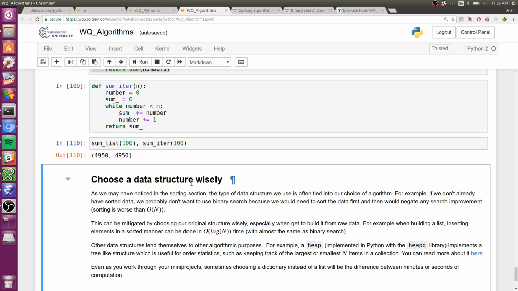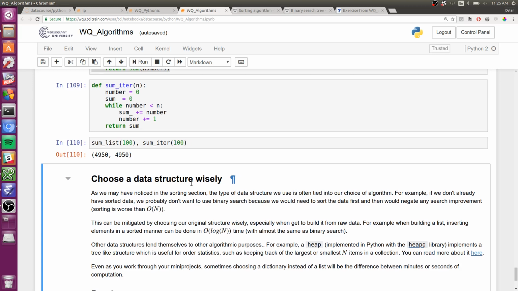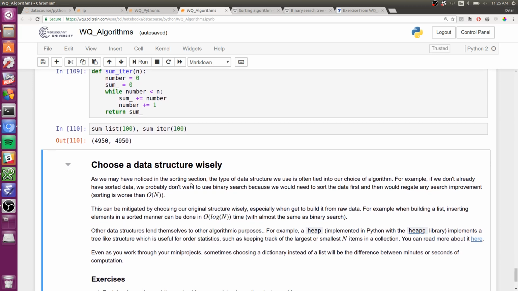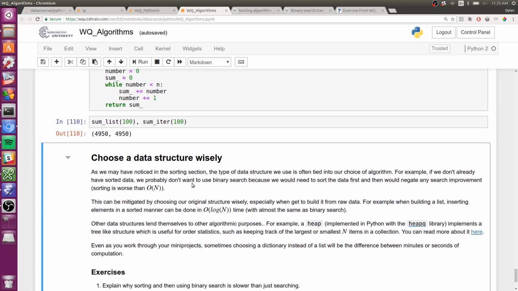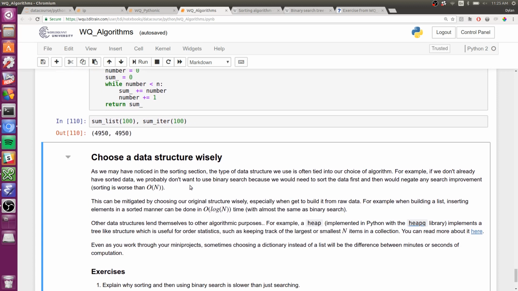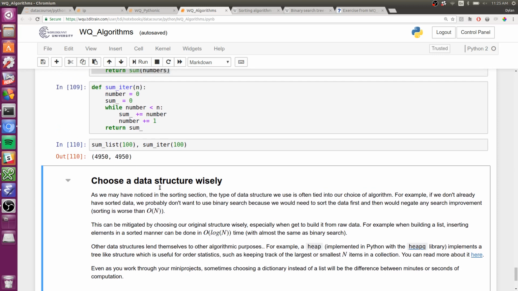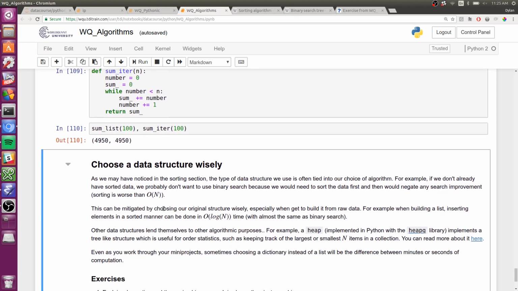So, for example, if we want to find the largest elements in a particular data structure, we could compile a list, sort it, and then take some n elements from it, like the largest n.